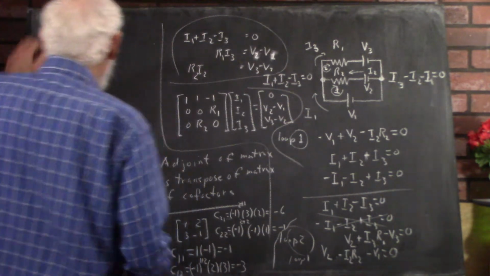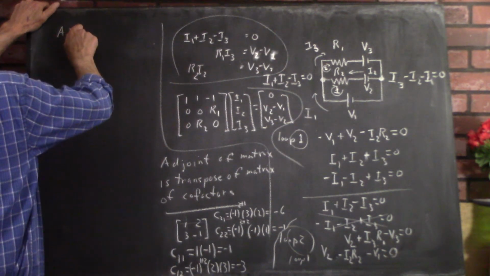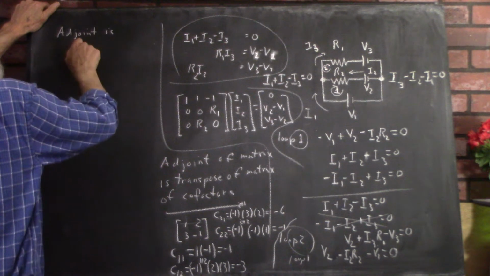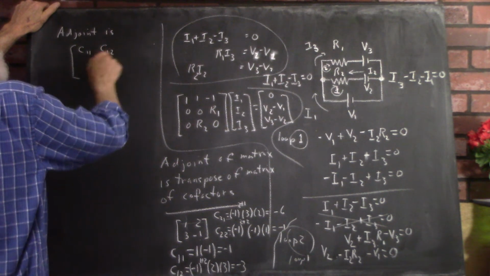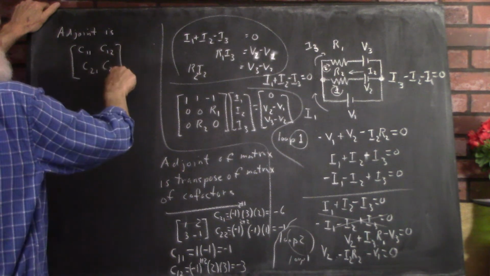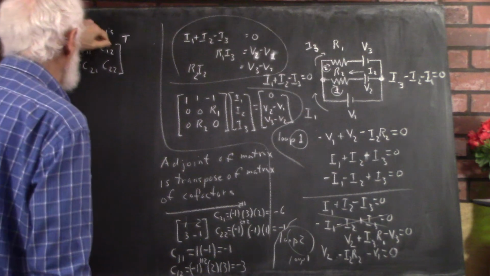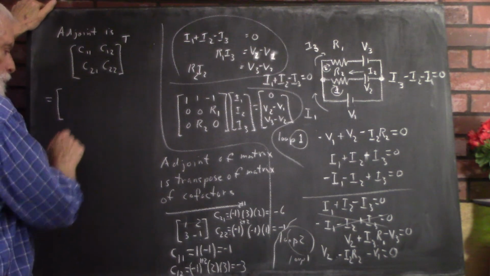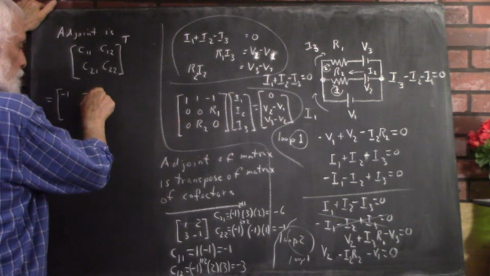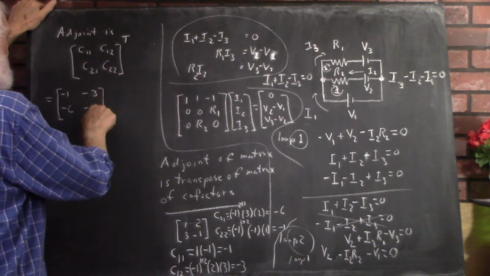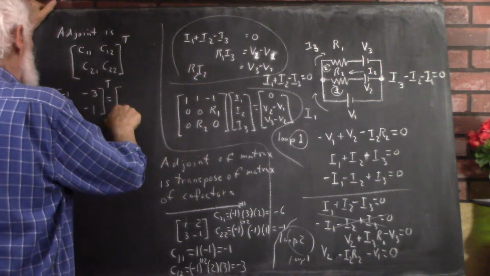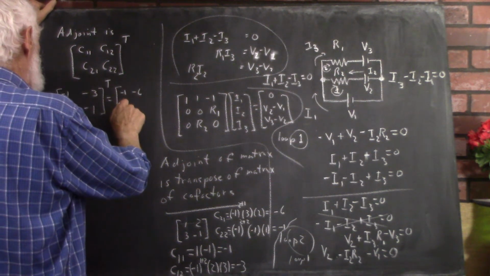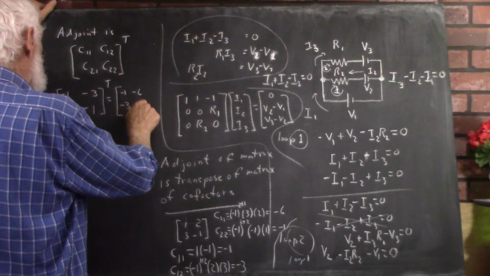Okay, so the adjoint is the transpose of C11, C12, C21, C22, which is the transpose of -1, -3, -6, -1, which equals -1, -6, -3, -1.